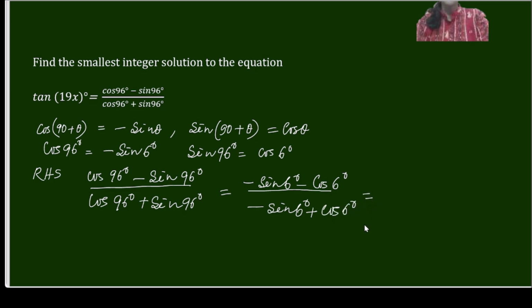So in the numerator I'll take a common negative and write cos 6 degree plus sin 6 degree over cos 6 degree minus sin 6 degree.